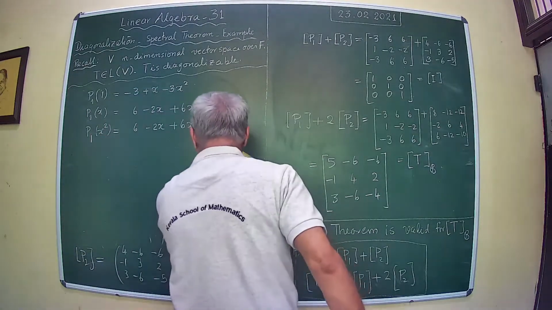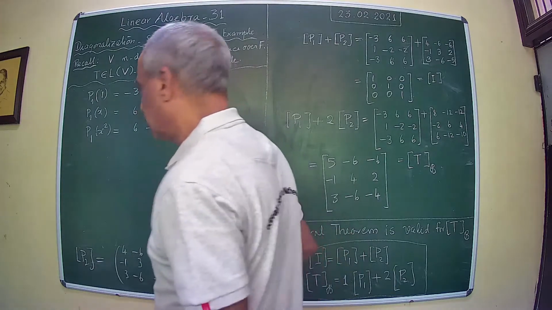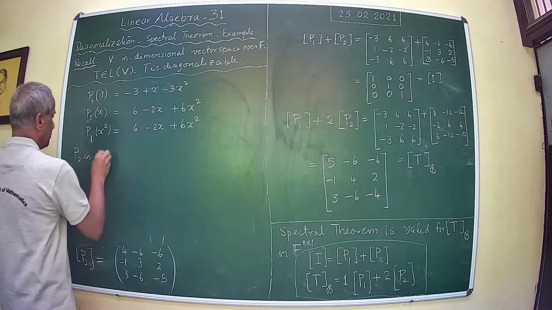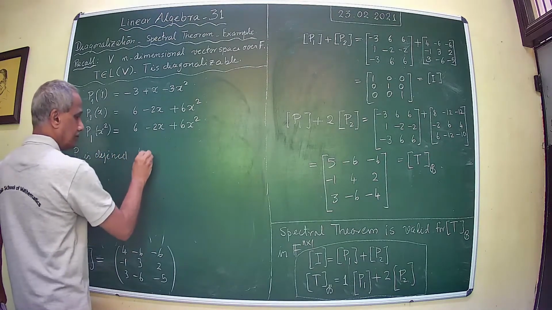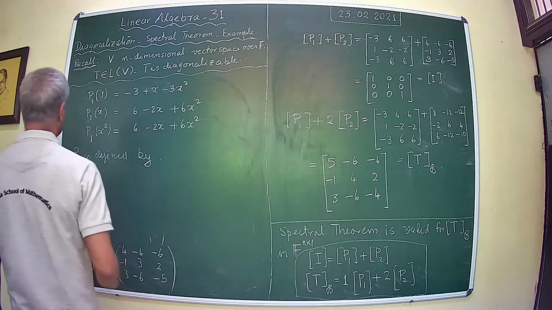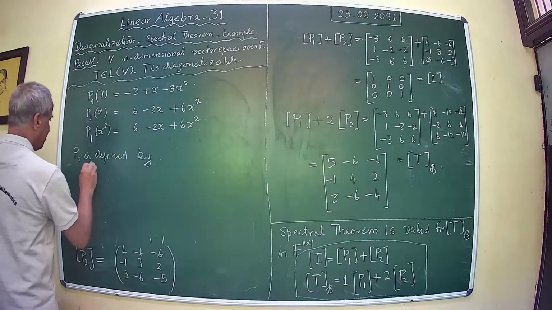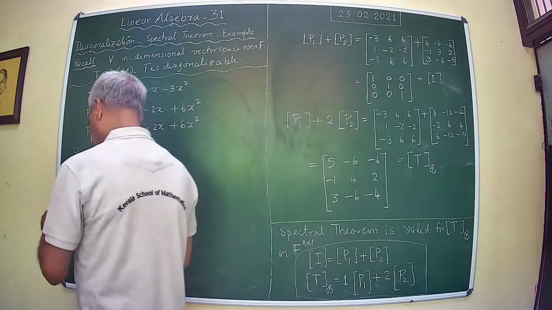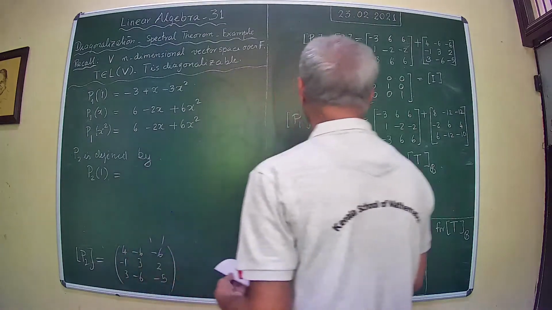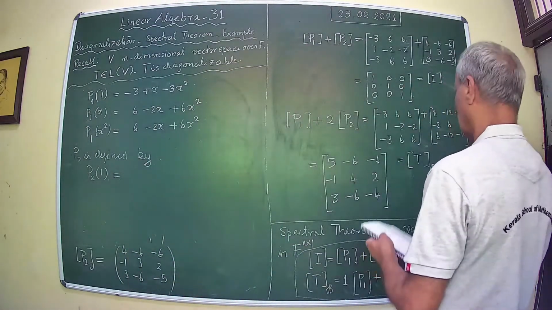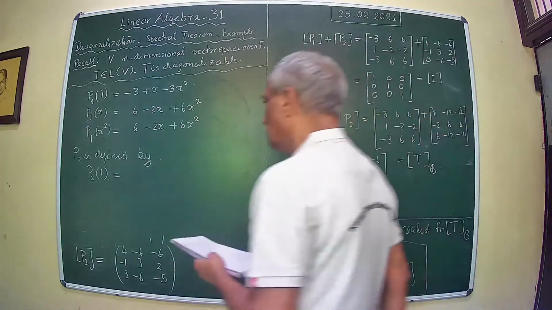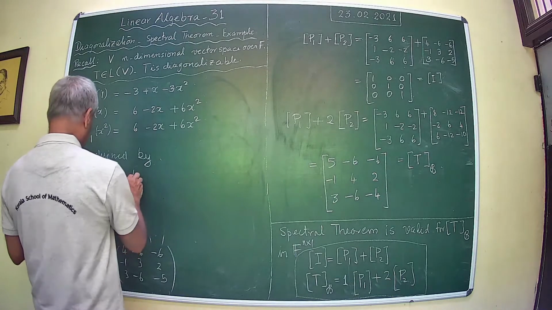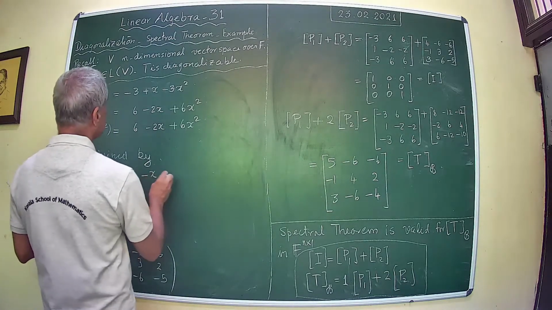Now P2 is then defined by, this is the definition of P1. P2 of 1 equal to 4 minus x.